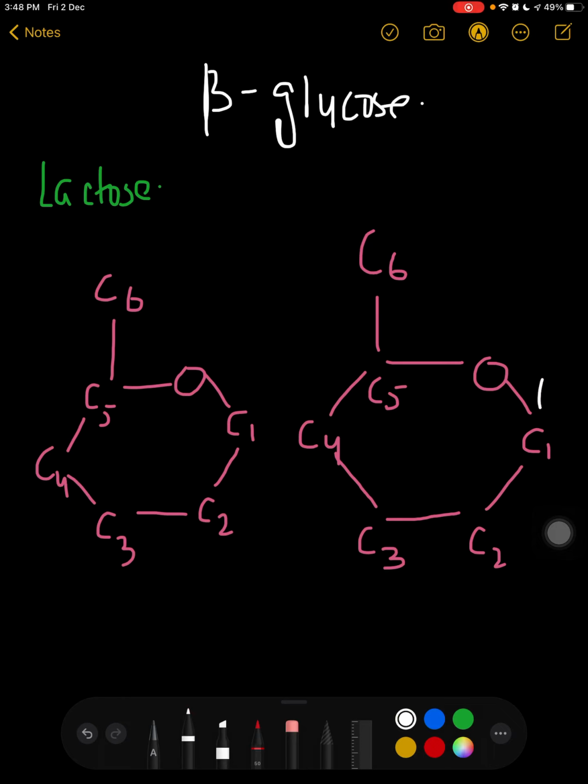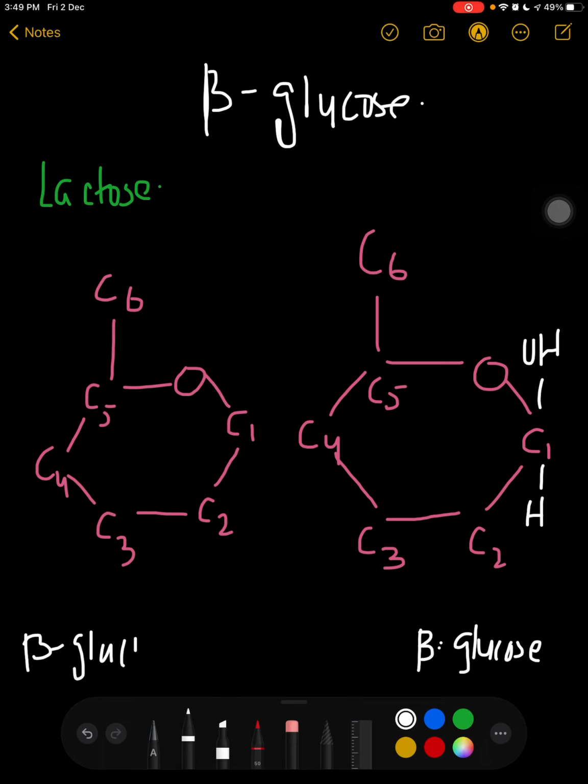Here OH will come upside, H over here. Okay, let's first name them. This is beta glucose, and this is beta galactose, right?